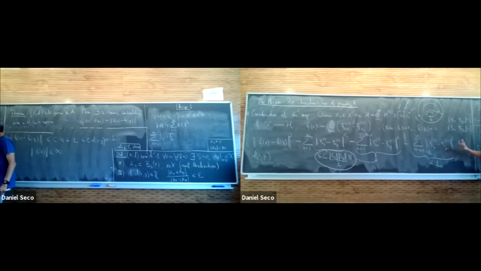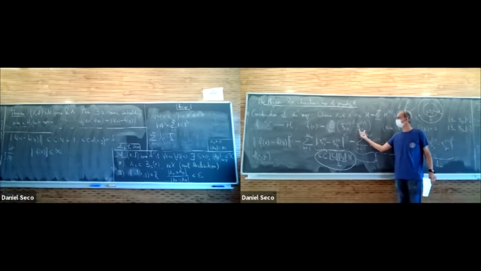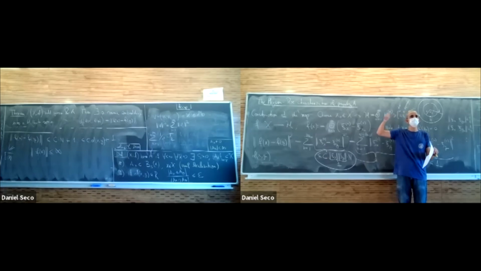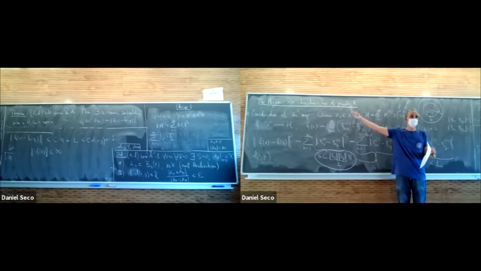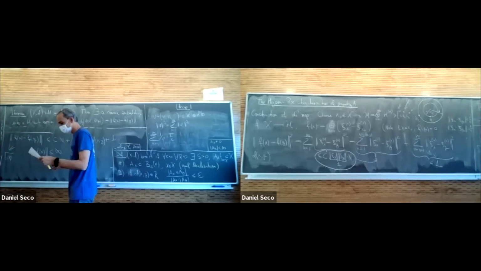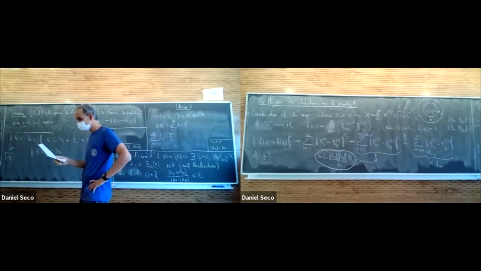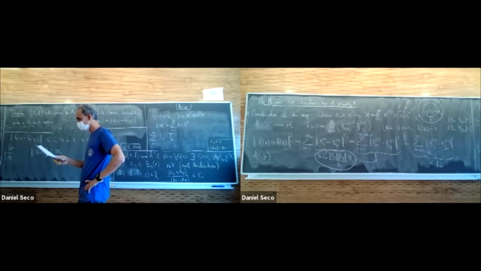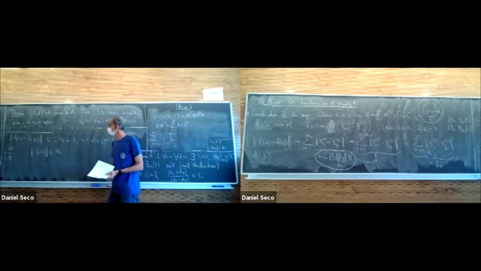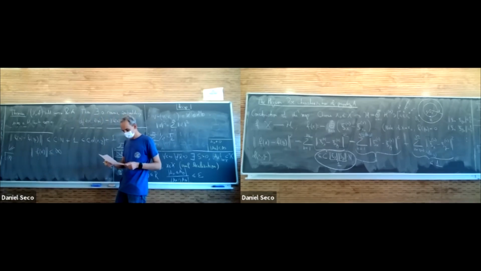I need to renormalize and subtract a constant vector, because if I only leave this here, I'm summing vectors of norm 1, and then the sum could be infinite. But this norm here is important to show that the norm is fine.